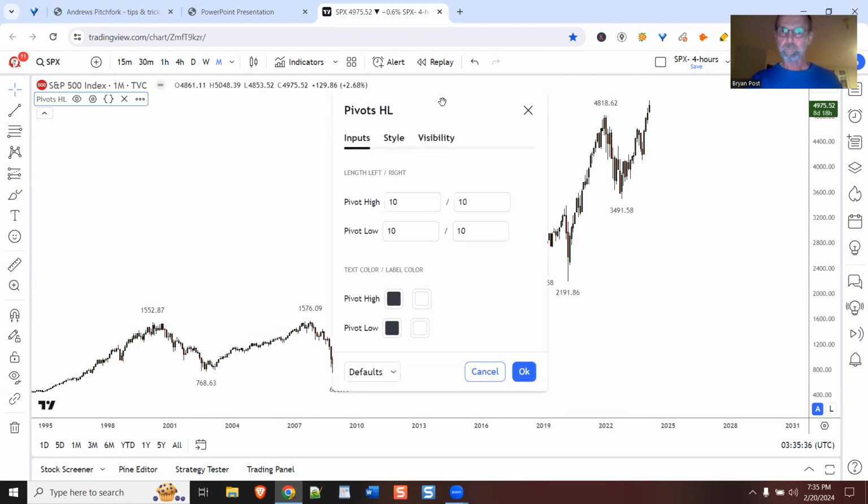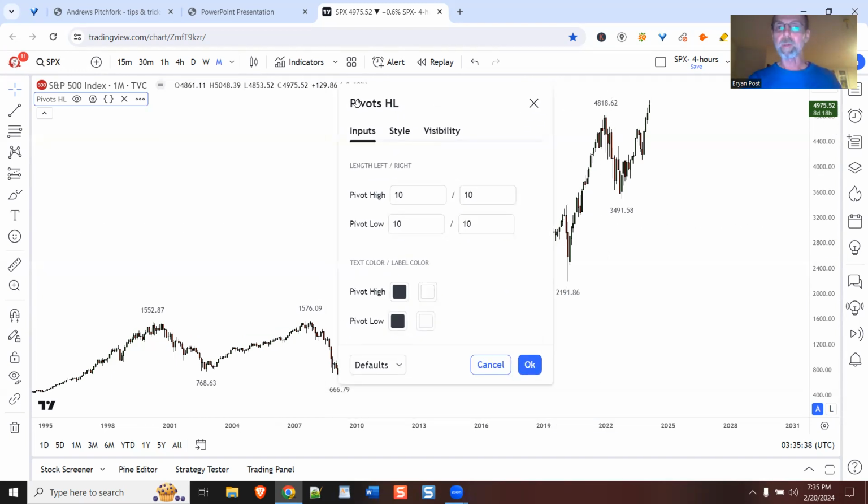Now, when we're talking about pivot points or swing points, the way they are measured in these tools is that they look for a certain number of bars to the left of the pivot point and to the right of the pivot point.